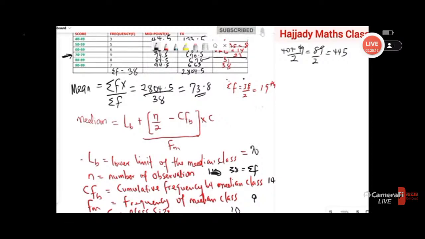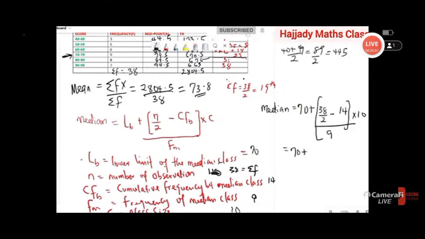So coming down here, our median will now be equal to our lower limit, which is 70. We can decide to use boundary if you like instead of using limit. In bracket, n over 2, our n, the number of observation, which is 38, over 2, minus the cumulative frequency before the median class, which is 14, close bracket, times our class size, which is 10, everything over the frequency of the median class, which is 9.